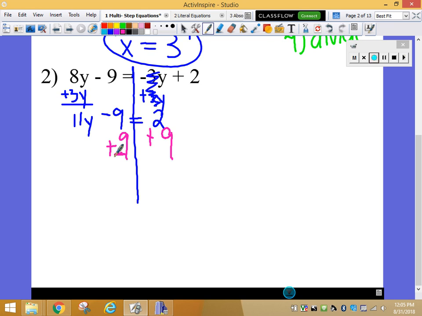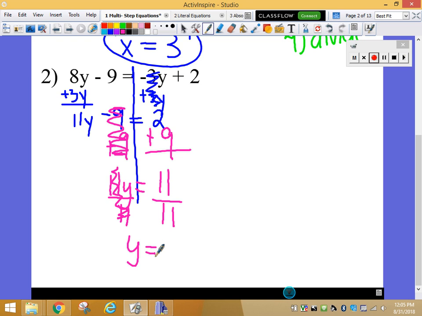So your 9's go away. I'm going to bring down 11y. And 2 plus 9 is 11. Your fourth step is to divide. So I'm going to divide by 11 on the left, divide by 11 on the right. These cancel. 11 divided by 11 is 1.